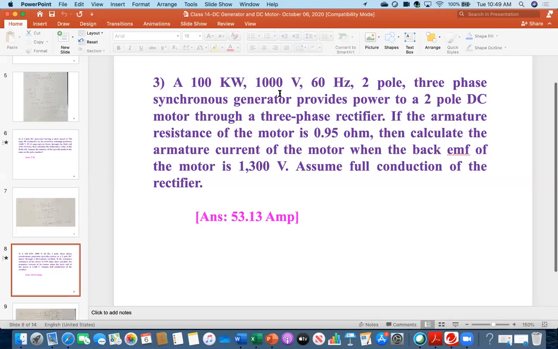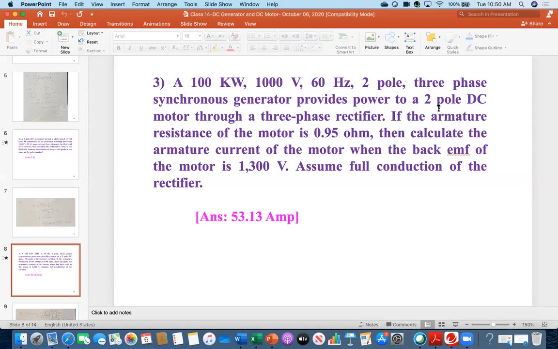A 100 kilowatt, 1000 volt, 60 hertz, 2-pole, 3-phase synchronous generator. Meaning that the 1000 volt that I showed just now on the board is the RMS line-to-line voltage. Keep in mind, by default this is the line-to-line voltage, RMS, but not the peak.